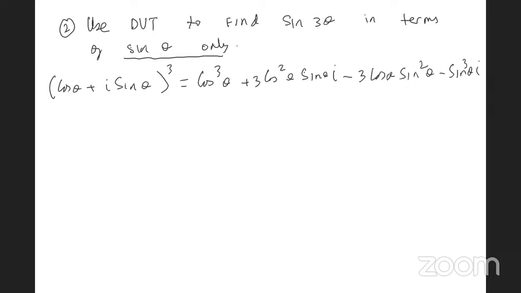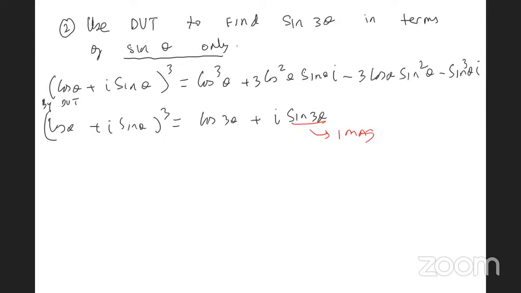Remember, by De Moivre's theorem, (cos theta + i sine theta) cubed is equal to cos 3 theta plus i sine 3 theta. Since we want sine 3 theta, we want the imaginary part. If you look up here, the imaginary part is here and here.